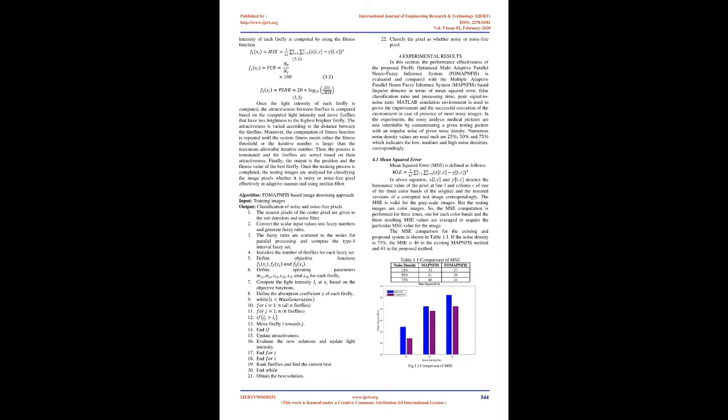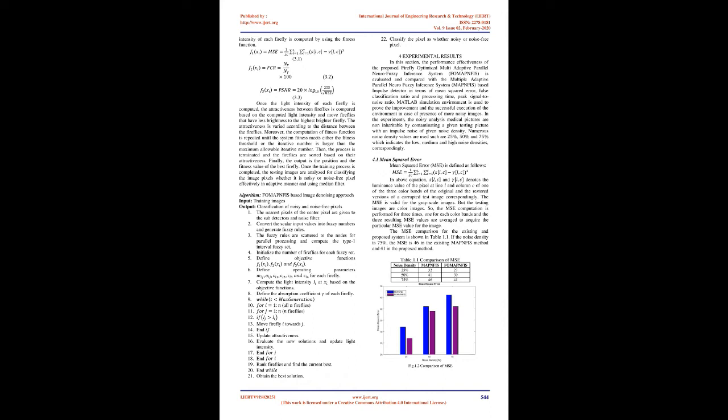7. Compute the light intensity based on the objective functions. 8. Define the absorption coefficient of each firefly. 9. For all fireflies, 10. for each firefly, 11. for each firefly, 12. if brighter, 13. move firefly towards it. 14.